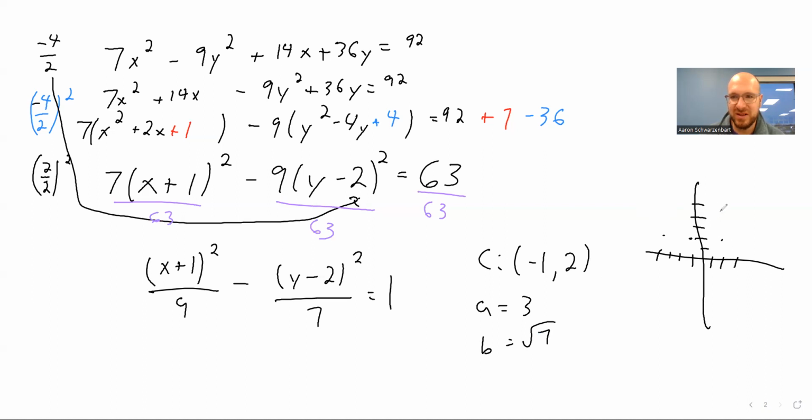And up and down square root of 7, which is, and this red thing is my hyperbola. So it became super useful, and I'll do one more example here to complete the square because it made it totally graphable.